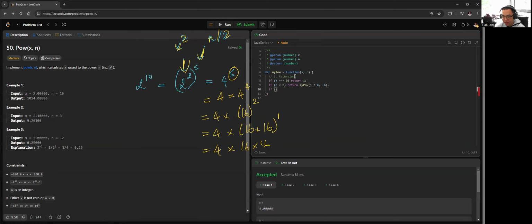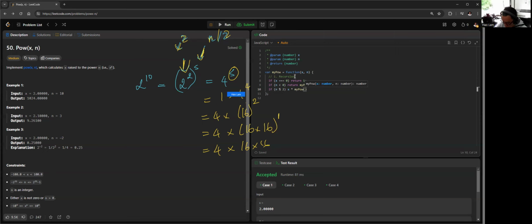And if our n is odd, we want to multiply x by power, to split it up. So x here will be our current base, which in this case would be 4 right here.